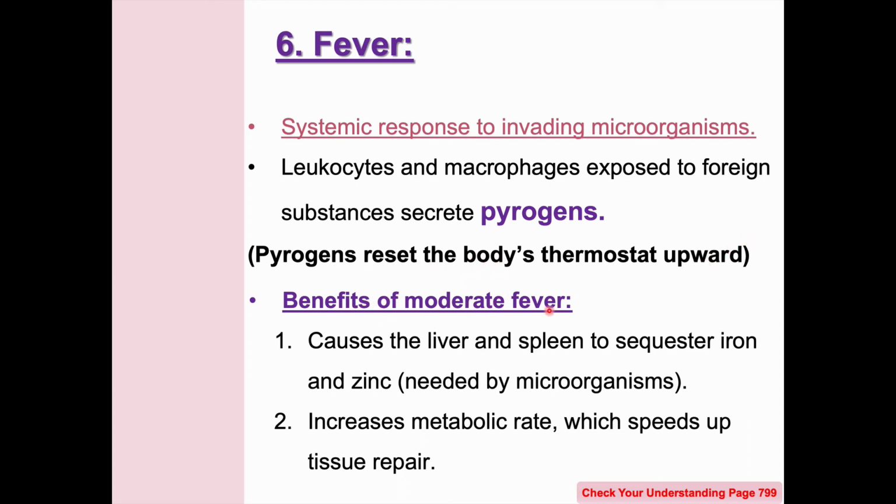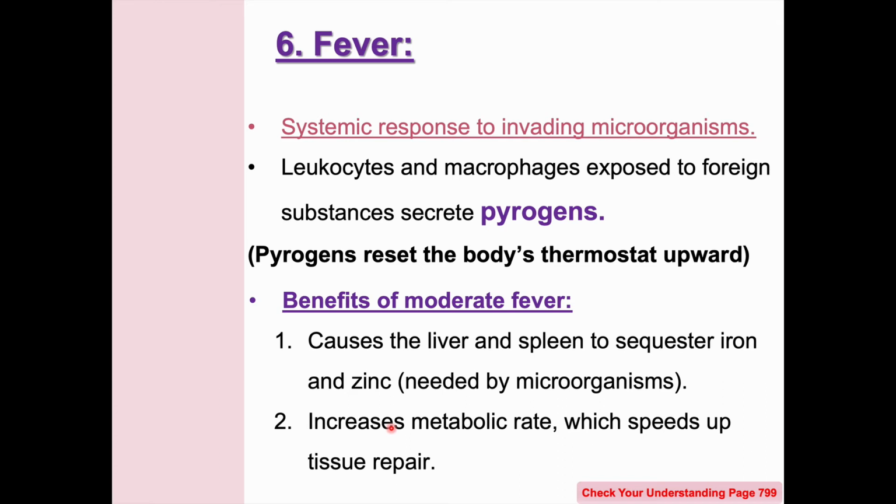Benefits of moderate fever, as I told you: by knowing the patient is having fever, there are a lot of benefits. Okay, it causes the liver and spleen to sequester iron and zinc. Then it increases the metabolic rate, which speeds up tissue repair. These are the two effects of fever.